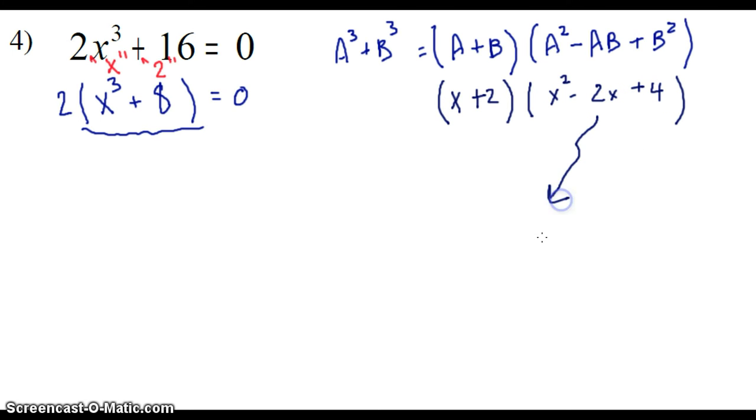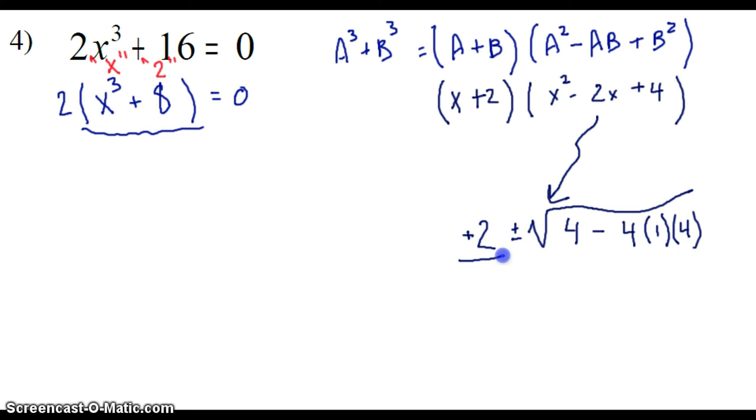If I can factor this, which I can't, I'll have to use the quadratic formula to find the other 2. So the quadratic formula: the opposite of b, which is the opposite of negative 2, so positive 2, plus or minus the square root of negative 2 squared, which is 4, minus 4 times 1 times 4, all over 2 times 1.